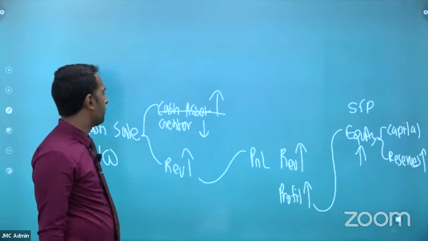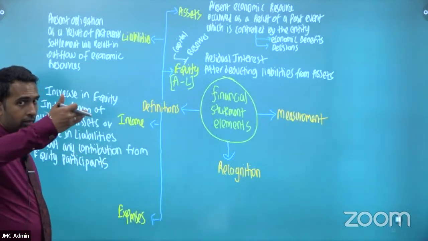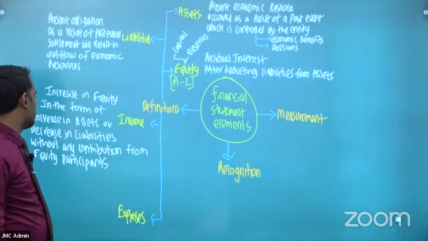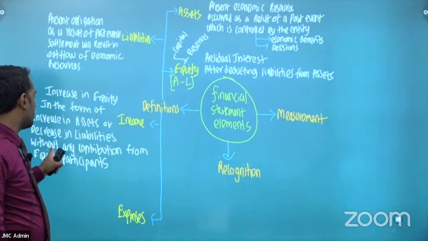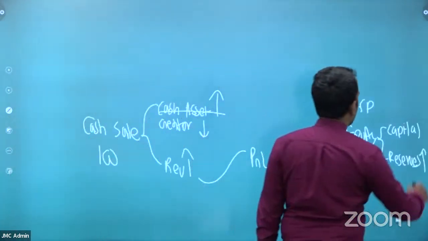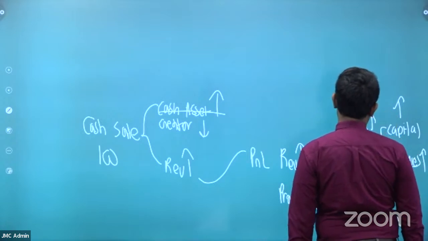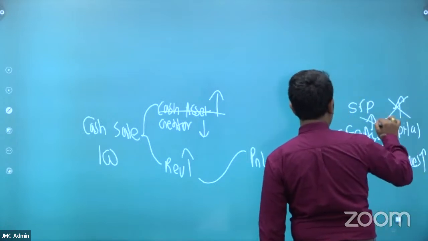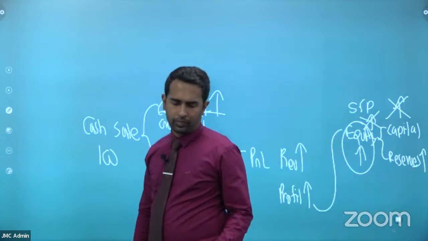I'm selling to a supplier. So it can be either an increase in assets or a reduction of a liability, and your equity has increased without any contribution from an equity participant. If an owner has put in some money, that will also increase equity, no? Now, without the owner contributing, equity has increased because of revenue, right?